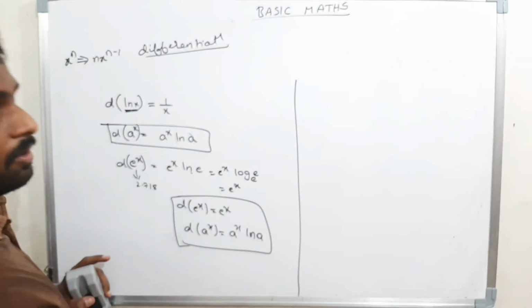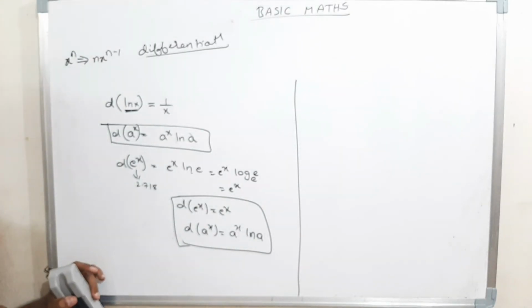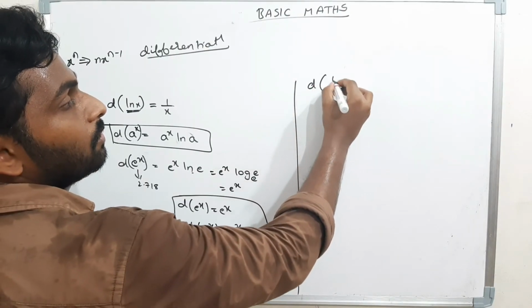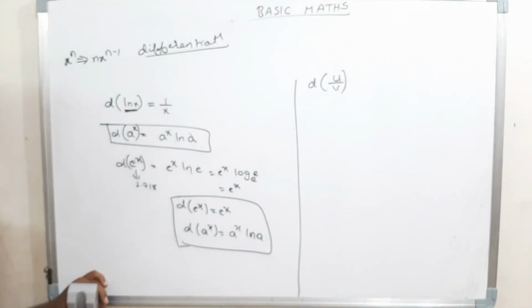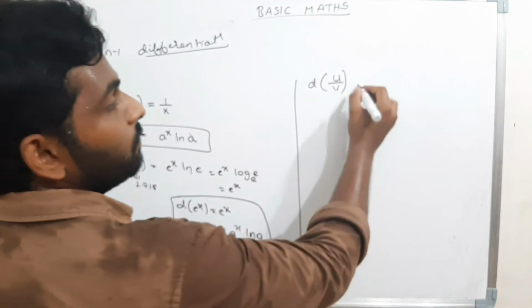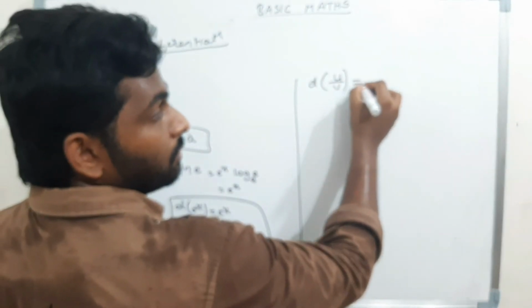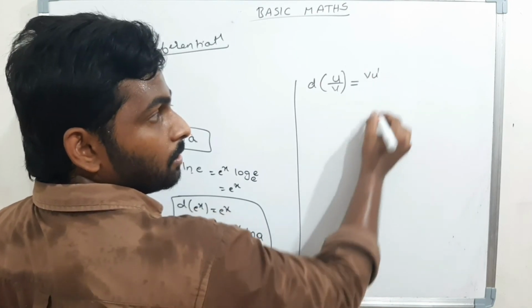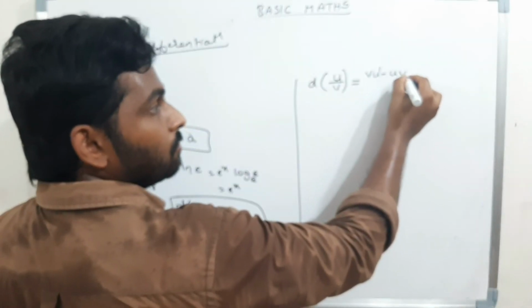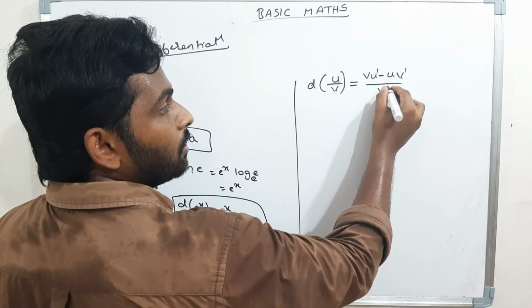Now last formula, important formula, differentiation of u by v. What's the differentiation of u by v? Remember the formula. U by v: v u dash minus u v dash by v square.